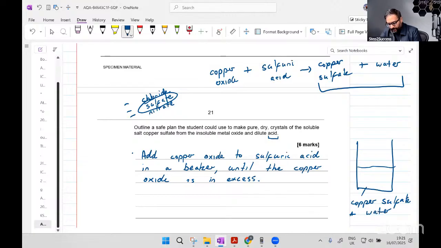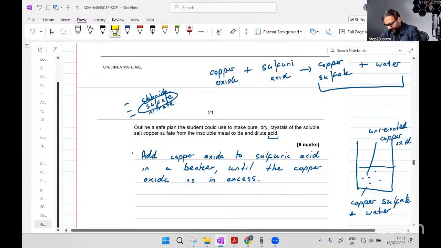But because you added loads of copper oxide, you're going to have some of it still in there that hasn't reacted. So there's going to be in here some unreacted copper oxide that we never used. And what we're trying to get to is just this by itself. When we say a pure dry crystal, it means there's nothing else in it. So we don't want the water, we don't want the extra copper oxide.